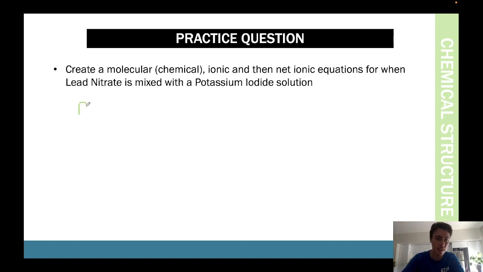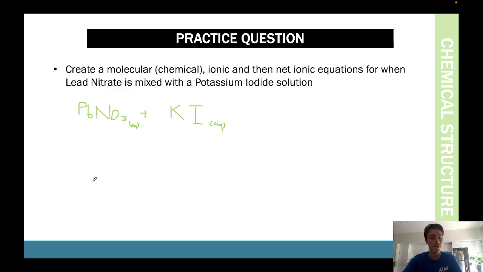So lead nitrate is PbNO3. I can't draw, so it's not really working. Plus potassium iodide, KI. These are both in aqueous form.